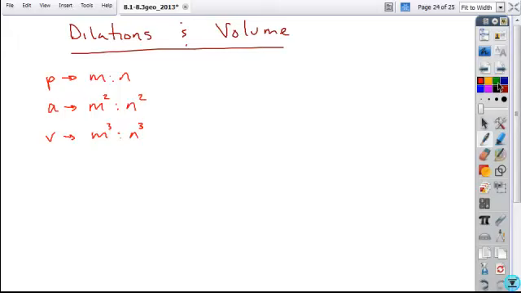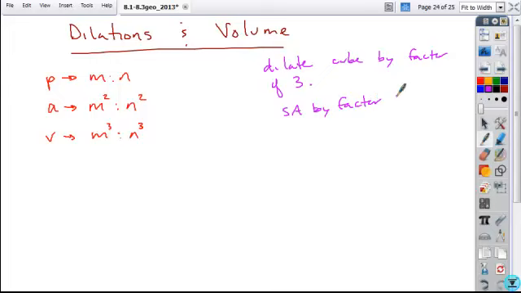Okay. Now, if I just give you a straightforward ratio of parts, so if I tell you that you dilate a cube by a factor of 3, how does its surface area change? Surface area changes by a factor of what?